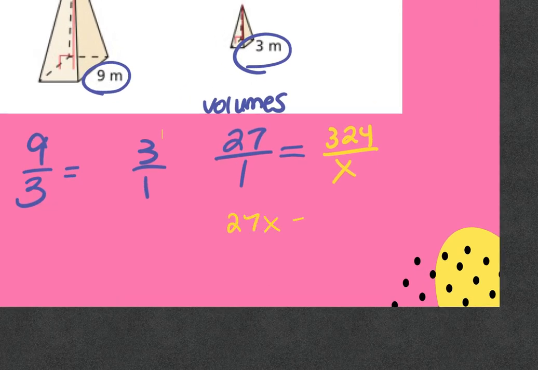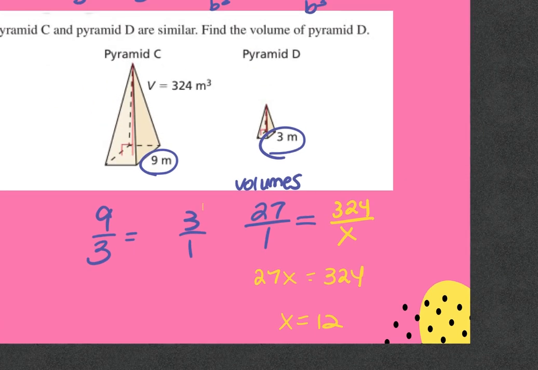So 27x would equal 324, and then I would do 324 divided by 27, and the volume I'm looking for is 12. And it would be 12 meters cubed. Questions on that one?